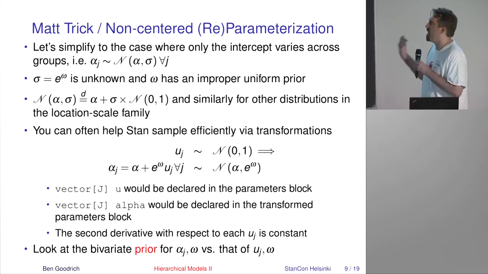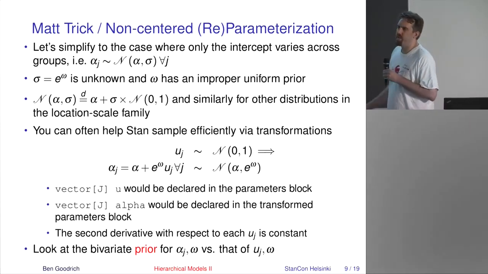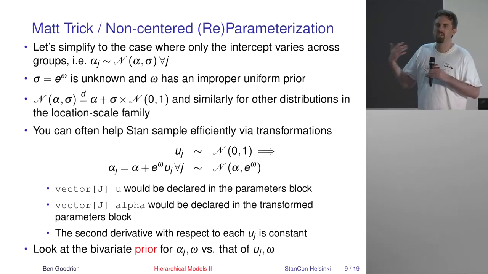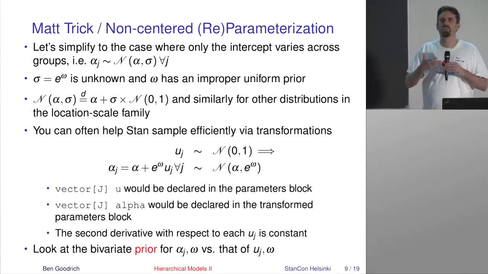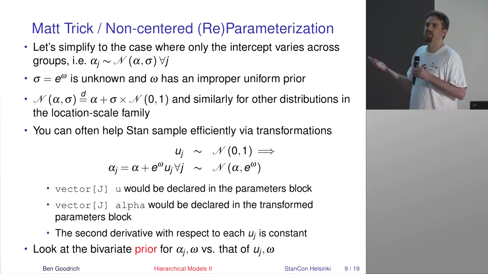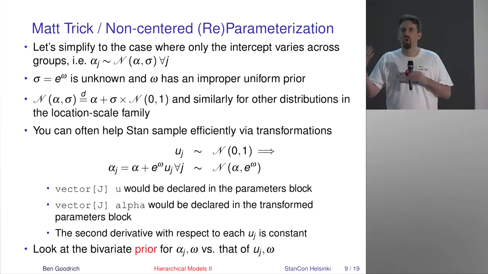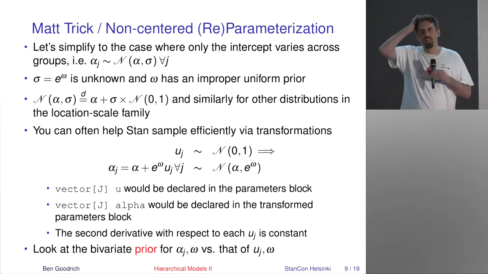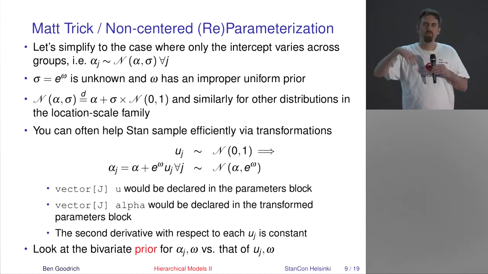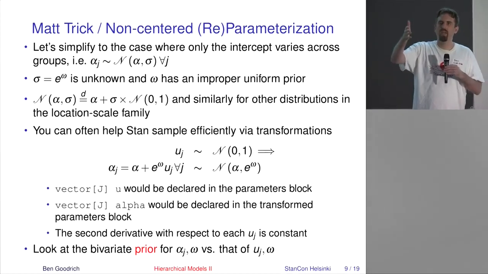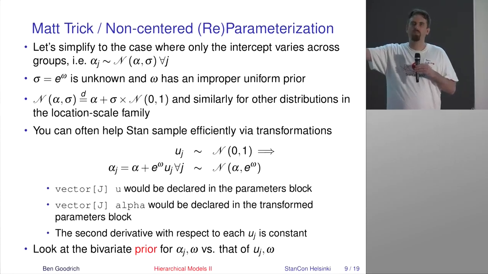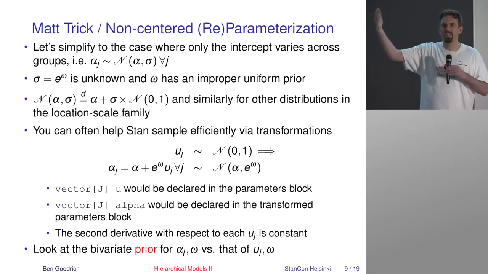But we want to talk about it a little bit more formally, this idea of a non-centered parameterization of a distribution like the normal that is in the scale location family. So for distributions in the scale location family, like the normal, you can write a general normal random variable as a mean plus a standard deviation times a random variable that is standard normal.